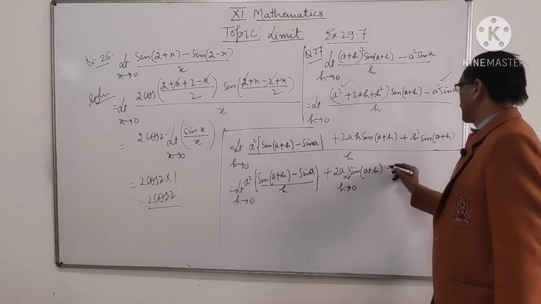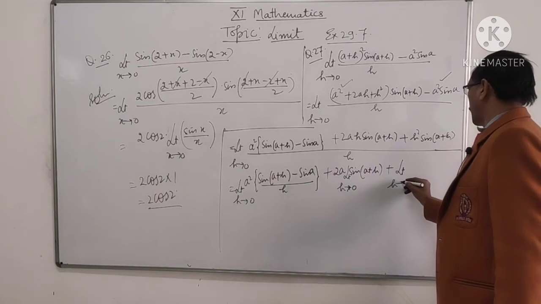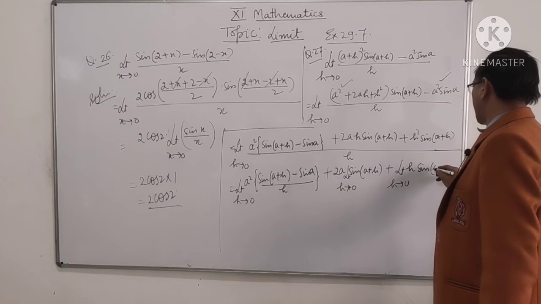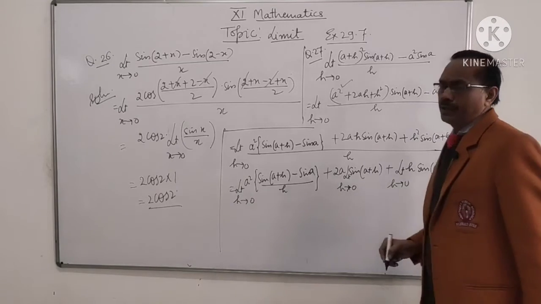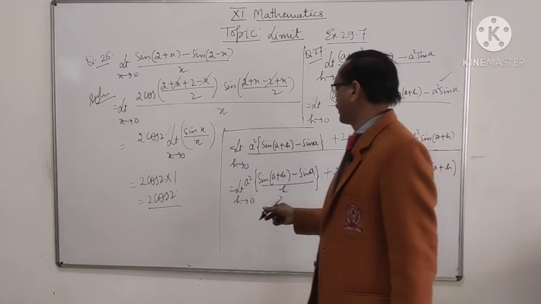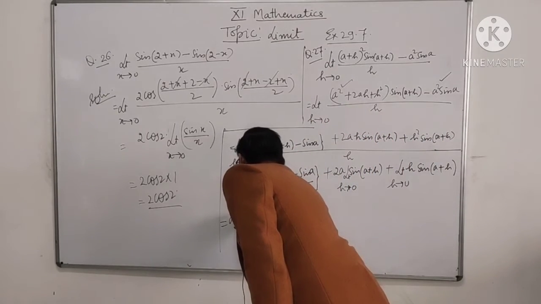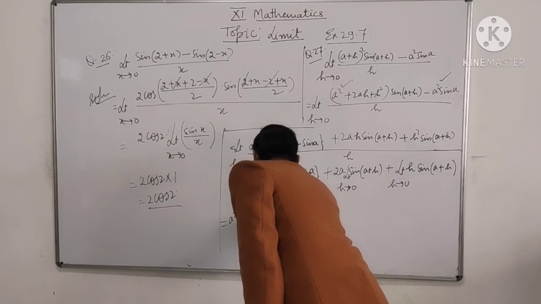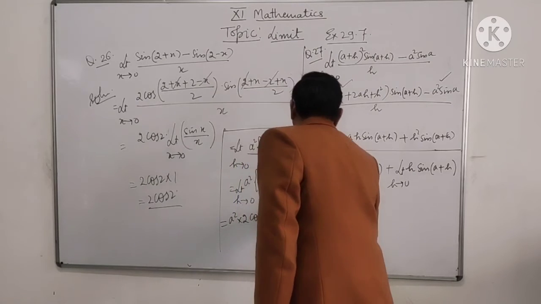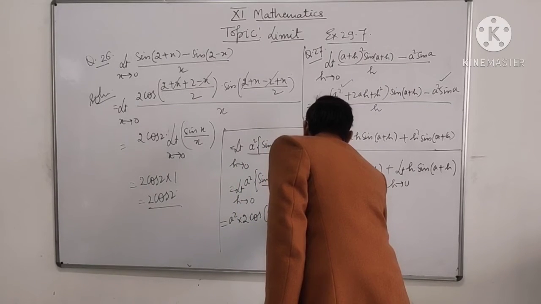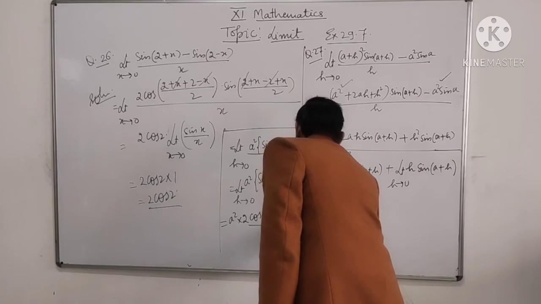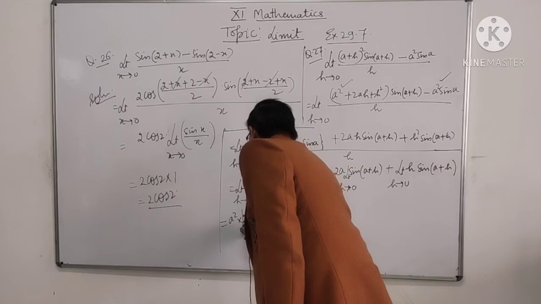Separate the limit, plus limit h tends to 0, then one h is cancelled out, then it is h sine(a plus h). Now in this limit, we will apply the formula sine a minus sine b. So here a square constant, it is 2 cos (a plus h plus a) upon 2 into sine (a plus h minus a) upon 2 divided by h, and limit h tends to 0.